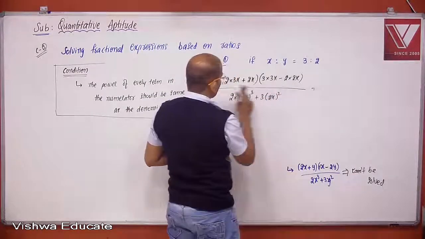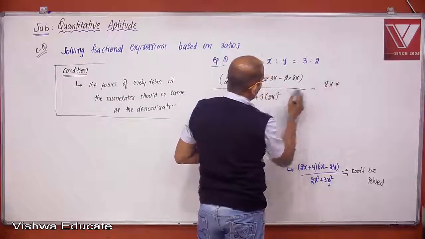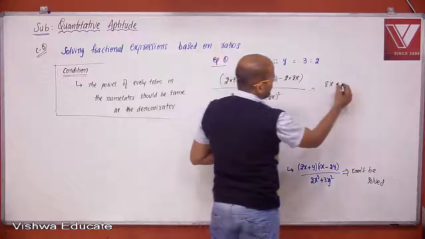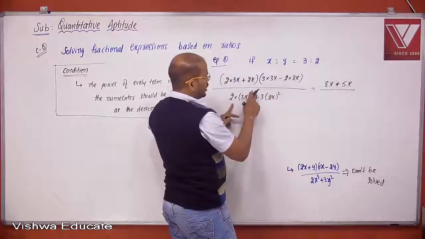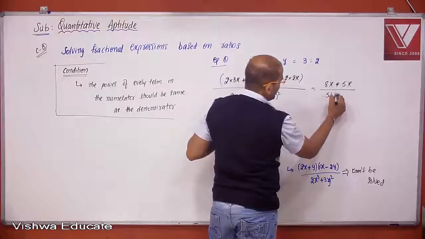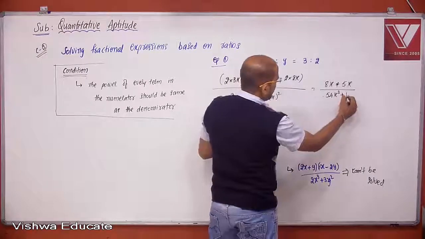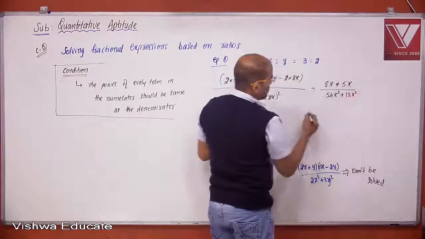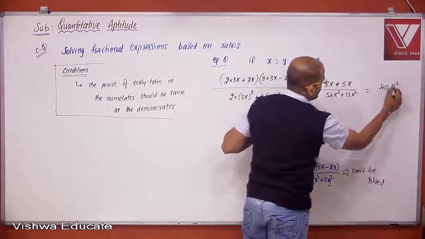Now this becomes 6k plus 2k, 8k. 9k minus 4k is 5k, by 3 cube 27, 2 27s are 54, so 54k cube, plus 2 square 4, 4 threes 12, so 12k square. And 8 fives are 40k square.